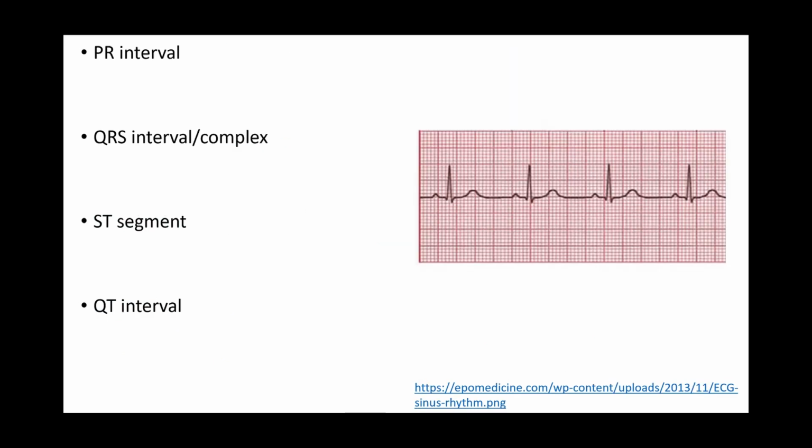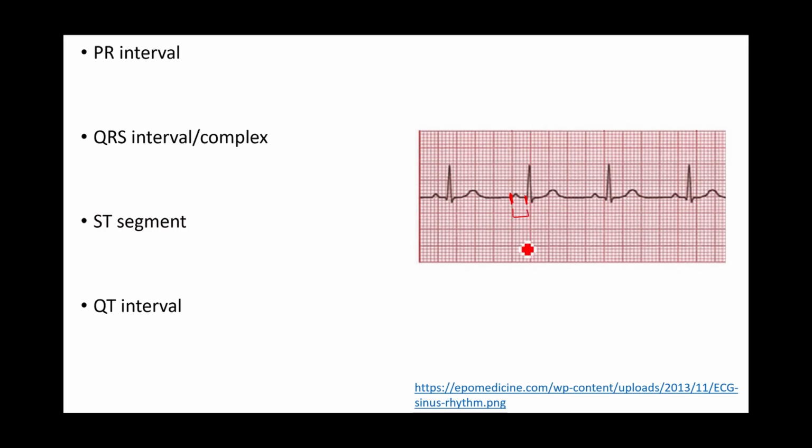Alright, so let's get some practice in. If you want to pause and give this a try, go ahead, but I'm going to dive right into it. The PR interval is what we want to look at first in this EKG strip. Remember that the PR interval is everything from the beginning of the P wave to the beginning of the QRS complex.